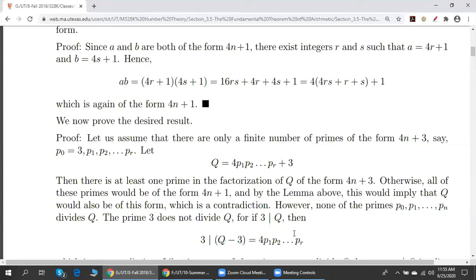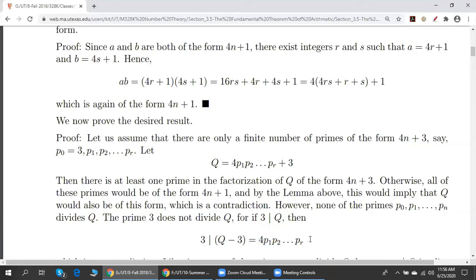Now, if Q is divisible by 3, Q minus 3 is divisible by 3. Since the left-hand side is equal to the right-hand side, the right-hand side is also divisible by 3.